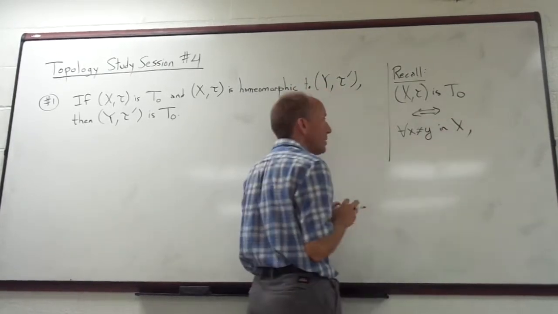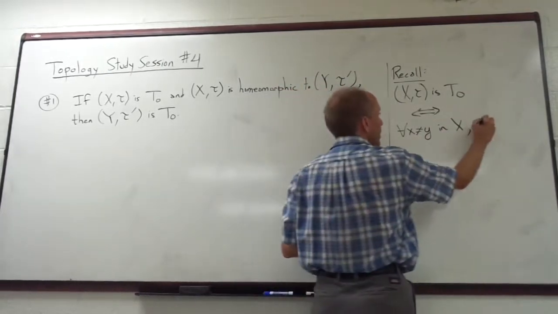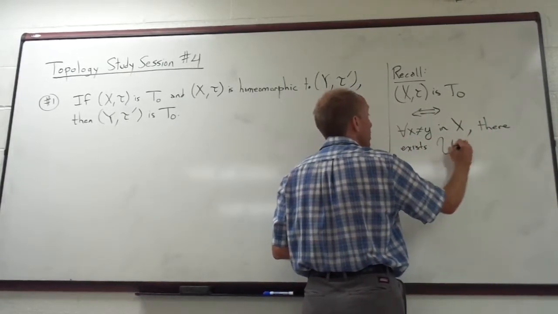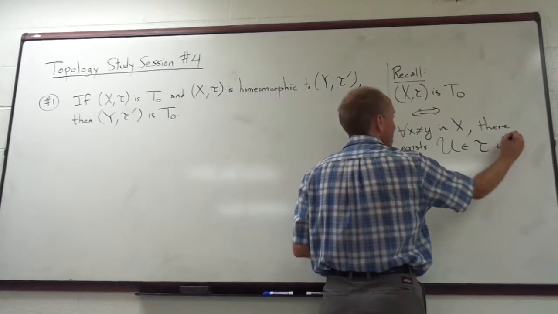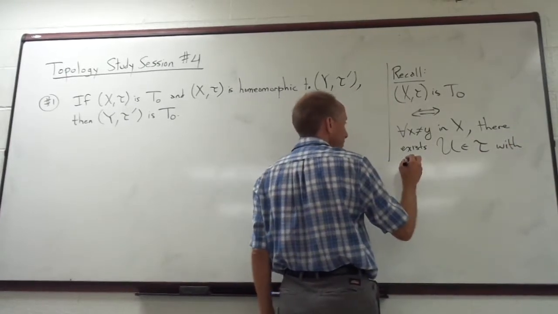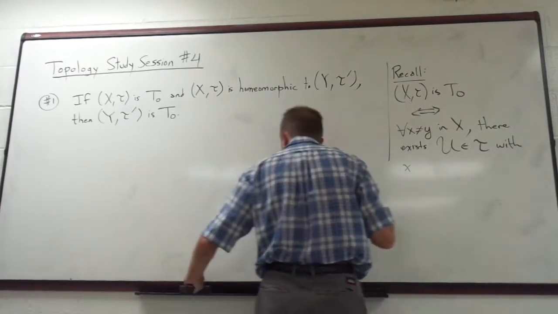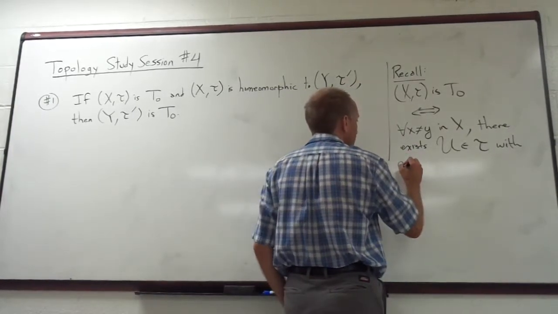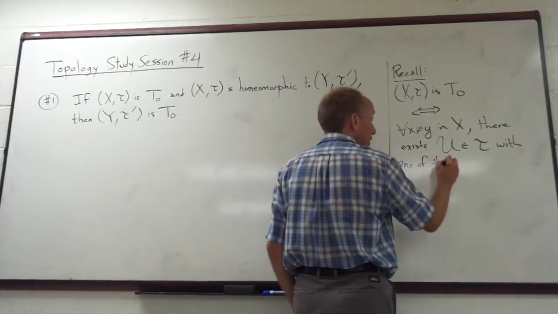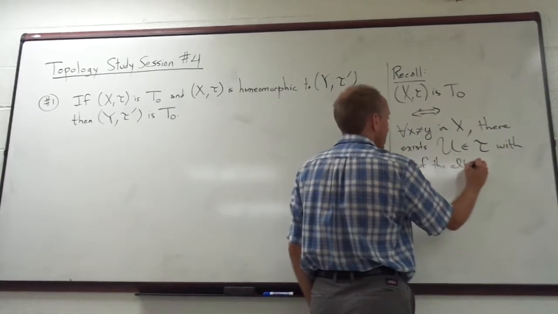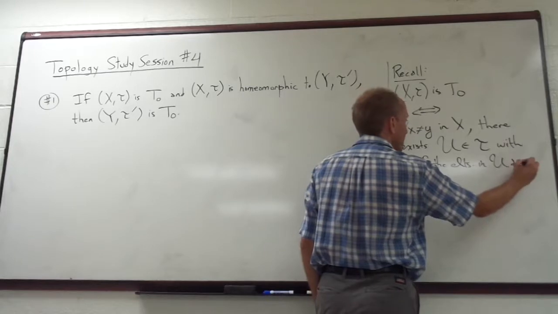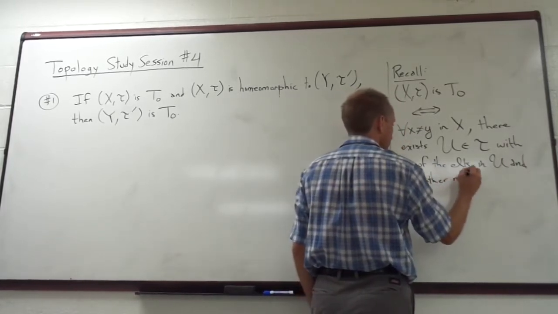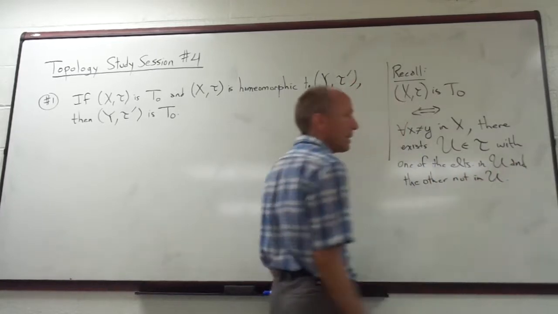Okay, so for all distinct points of the space, there exists an open set U in tau with one of the elements in U and the other not in U. Okay, so that's what it means.